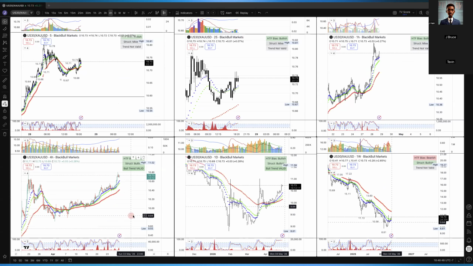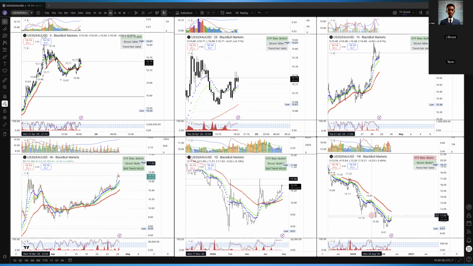Here we got the US 30 against the leading commodity right now, which is gold. And right now it looks like the equity markets are outpacing the gold markets here. However, on the weekly, it looks like gold market is outpacing equities. But over the past few weeks since March, equity markets have started to make a run to the upside.